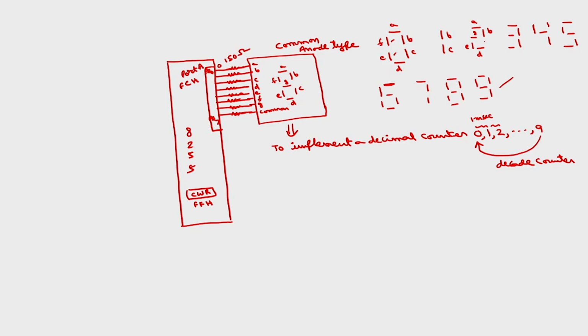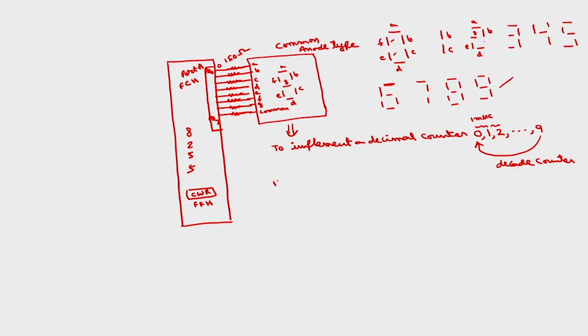Now what are the codes corresponding to this? I will store them in a lookup table. So if I want to display 0, what is the code that is required? What should be PA7, PA6, PA5, PA4, PA3, PA2, PA1, PA0, for the decimal digit, and then I will find out the corresponding code.